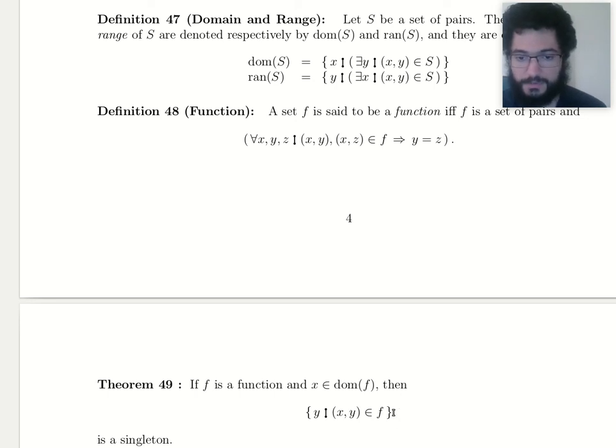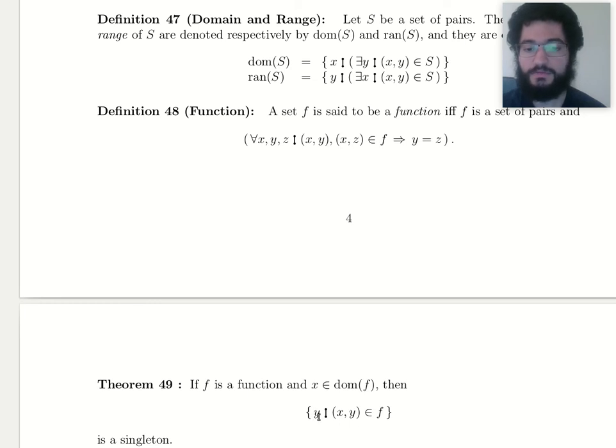First let me read it mentioning the bound variable. This is the set of y's such that the pair x, y is in F. Now let me read it without mentioning the bound variable y. It's the set of things such that the pair x comma that thing is in F. Let me phrase that a little more smoothly.